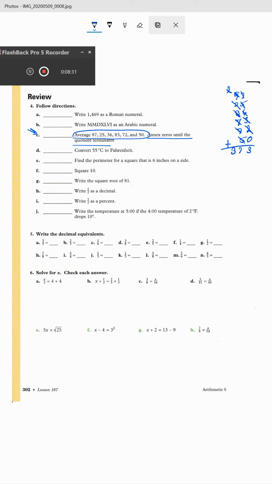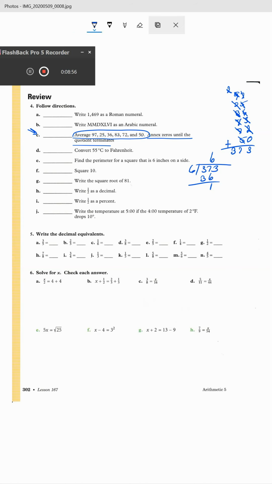I think I get 373. They don't show me any work, so we're just going to see if that works. 373. So now I'm going to take 373 and I'm going to divide it by 1, 2, 3, 4, 5, 6 numbers that I added up. 6 goes into 37 6 times. Let me look at the book to see if I've got the right number so far.